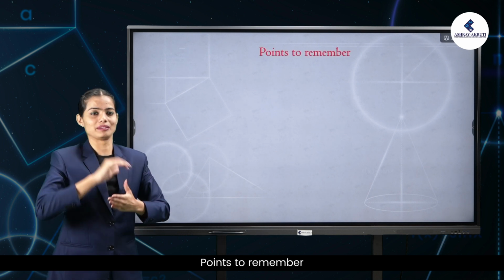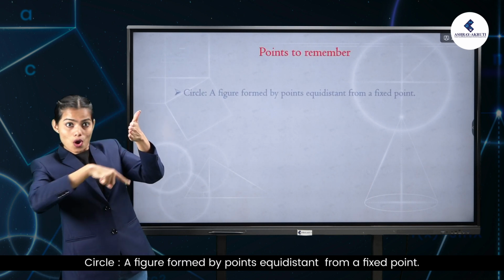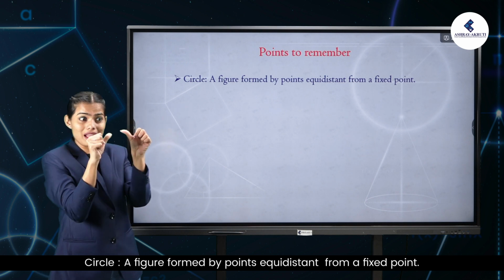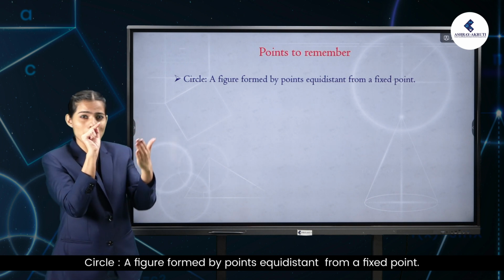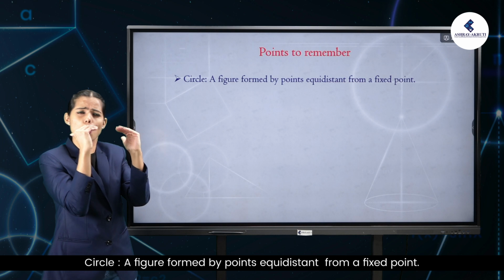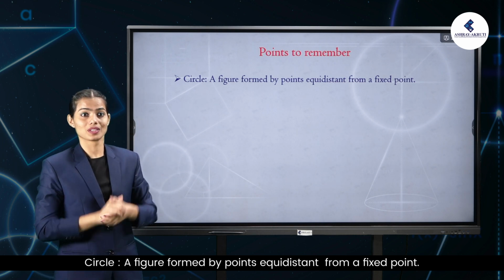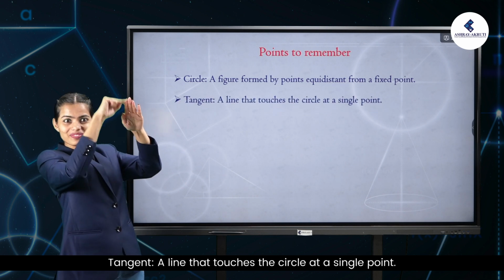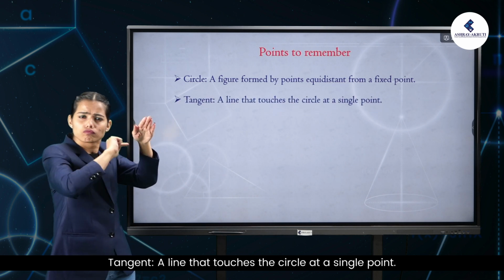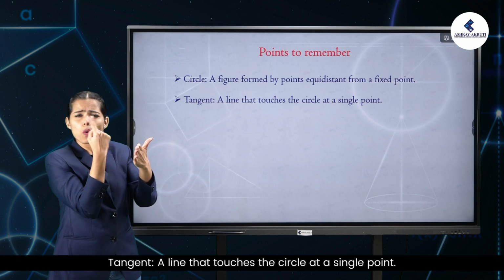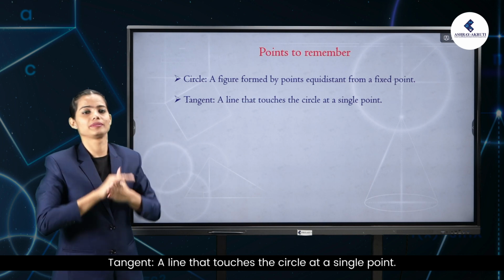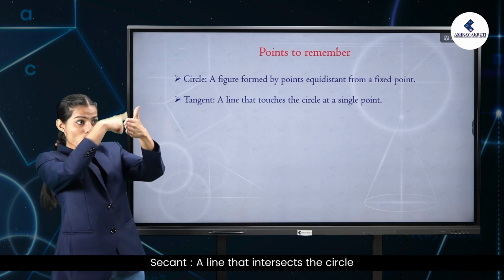Points to remember. Circle. A figure formed by points equidistant from a fixed point. Tangent. A line that touches the circle at a single point. Secant.